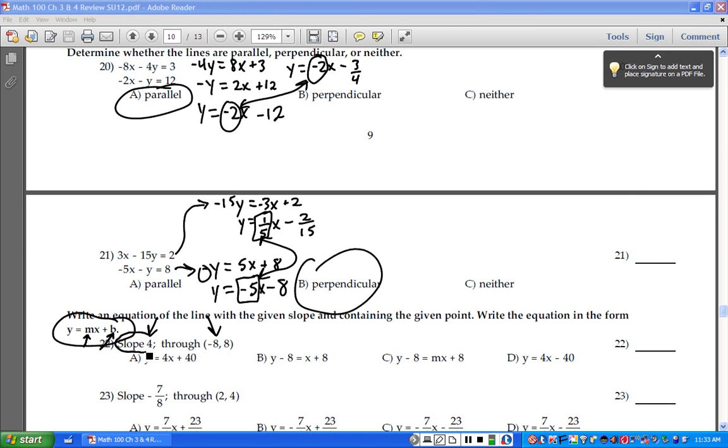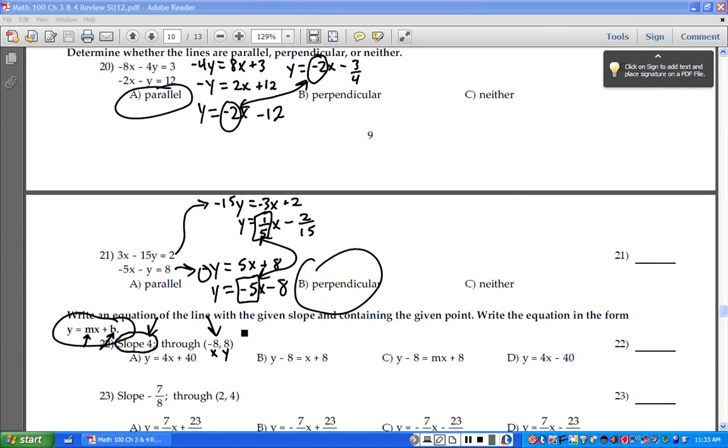Fortunately, I'm given an m, but I don't have a b, so I'm going to take my m and use this point to find a b. So I know this point consists of an x and a y.